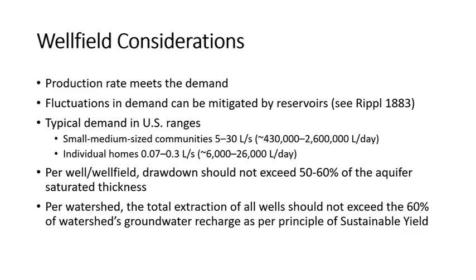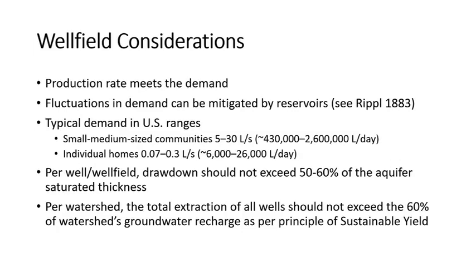And then on a watershed management level, if we are to follow the principle of sustainable yield, the total groundwater extraction from all the wells in the whole watershed should not exceed 60% of the watershed's groundwater recharge.